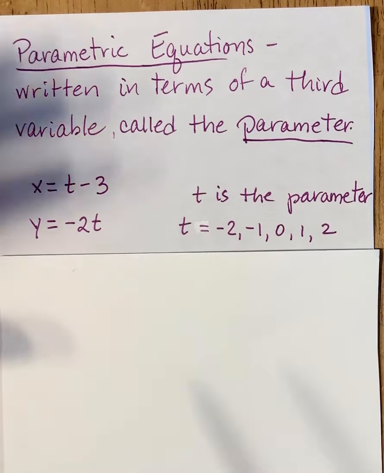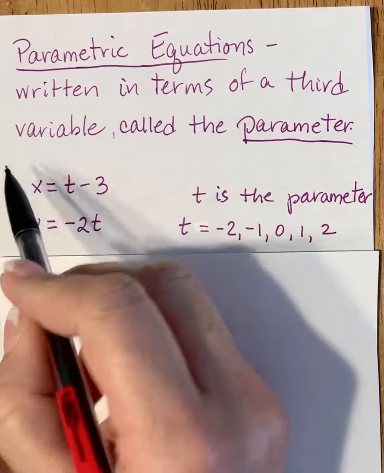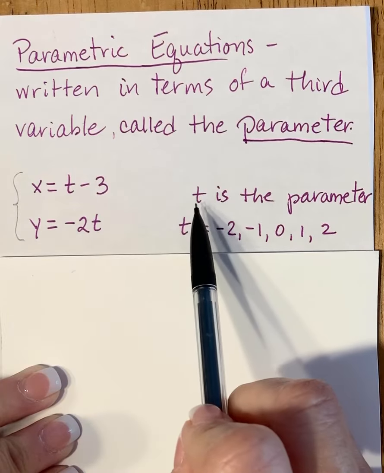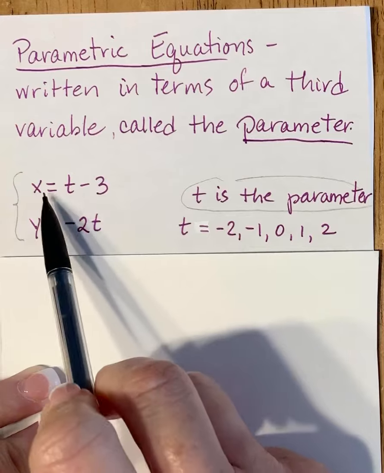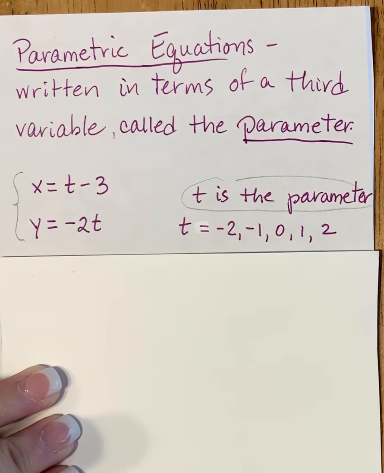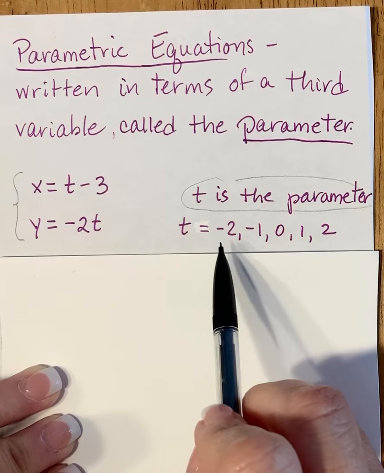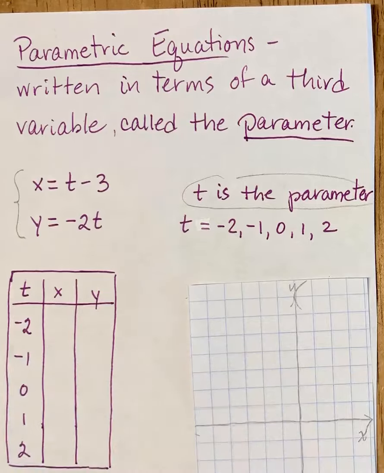So for example, x equals t minus 3 and y equals -2t. This is a set of parametric equations, and t is the parameter. So each equation is written in terms of t. Now for this one, I tried to just pick a very simple domain. t could equal -2, -1, 0, 1, and 2, just to keep it easy.